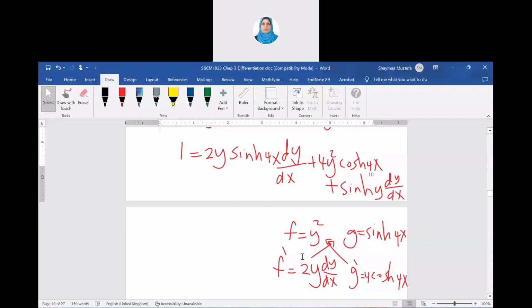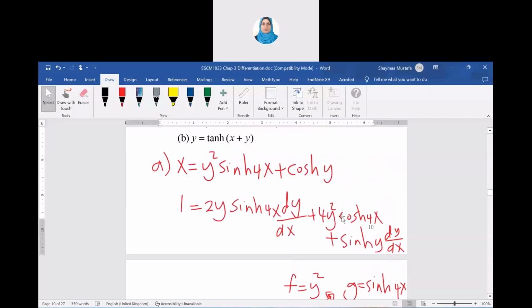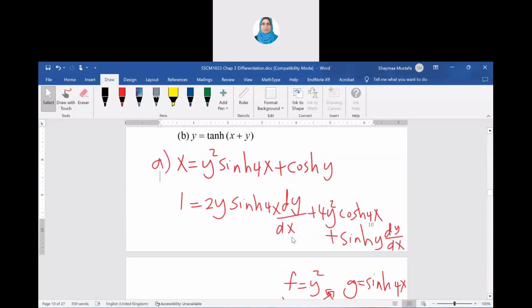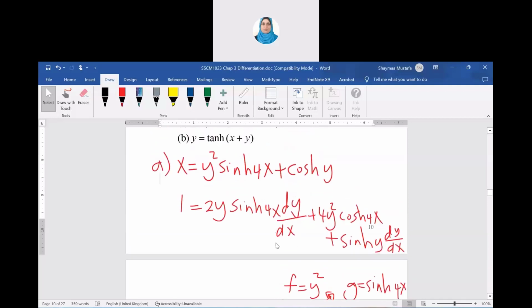So now the multiplication rule: the derivative for f, 2y sine 4x multiplied by dy over dx, plus the derivative for g times f. The derivative for g is 4 cosine 4x multiplied by y squared, so 4y squared cosine 4x. Plus the derivative for cosine y, which is sine y dy over dx. Now, this is the first step. Now I need to find dy over dx.